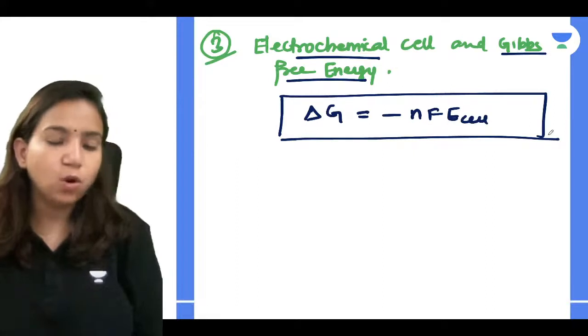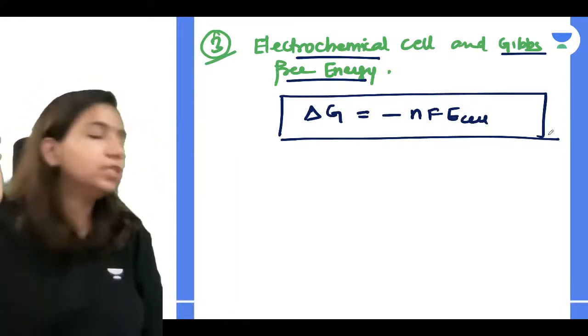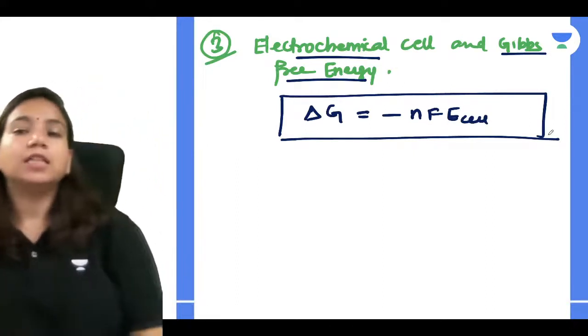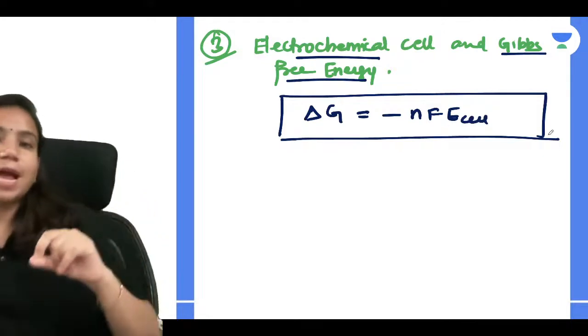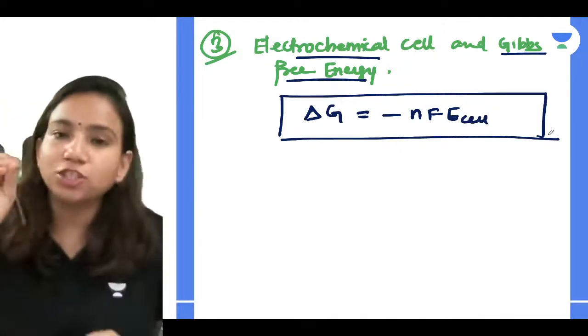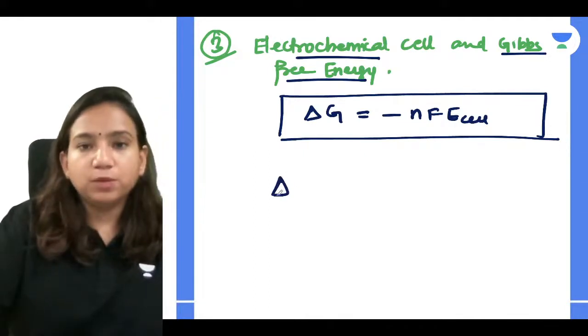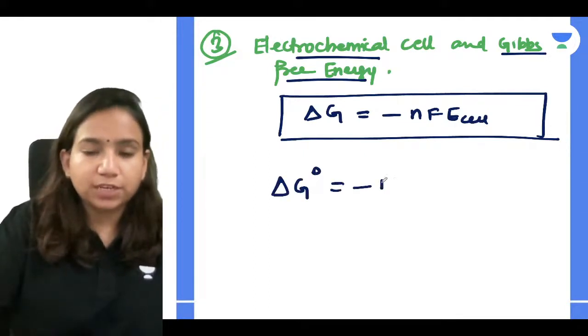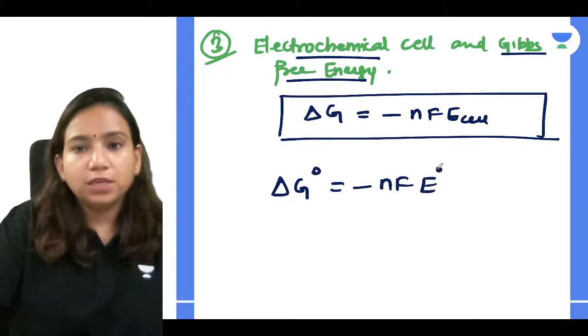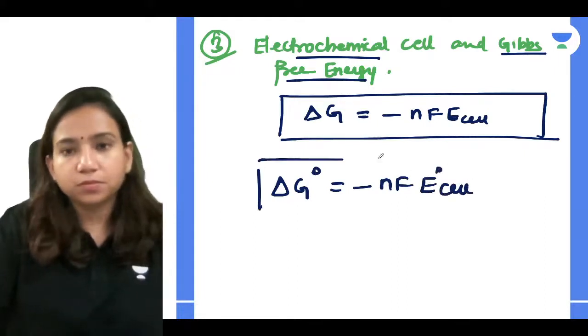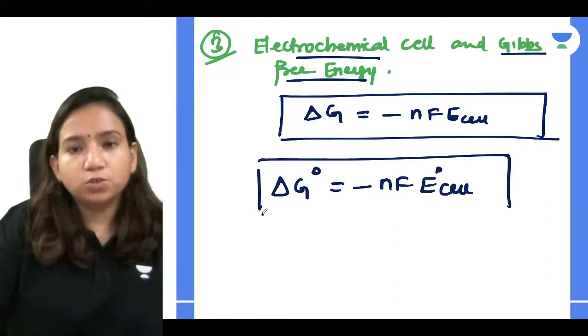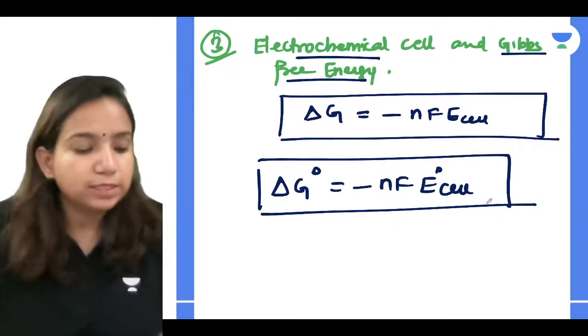The relationship between Gibbs free energy and the cell potential is: delta G is equal to minus NF E cell. If I talk about standard Gibbs free energy, I can write delta G naught is equal to minus NF E naught cell.